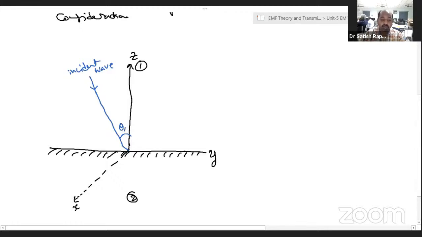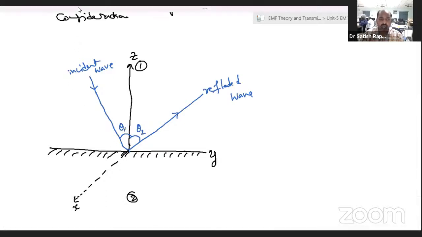Generally part of the wave reflects. So this is the reflected wave, and part of the wave transmits. And one more thing, this angle is the angle of reflection.